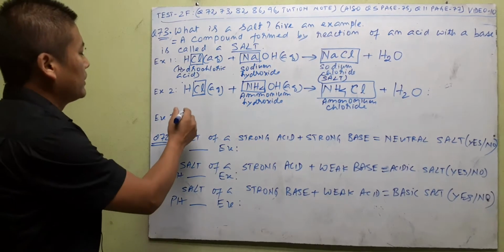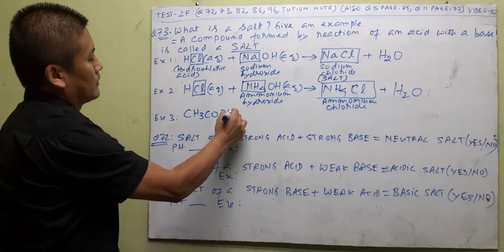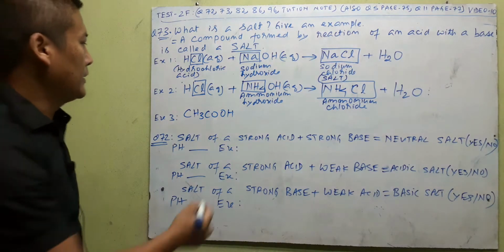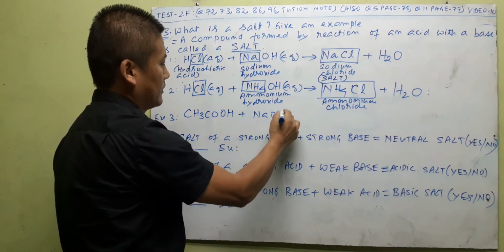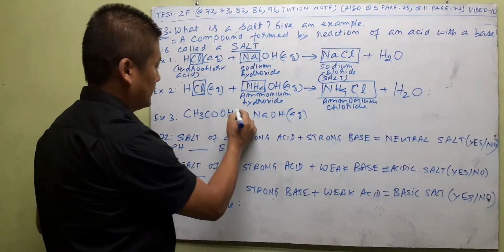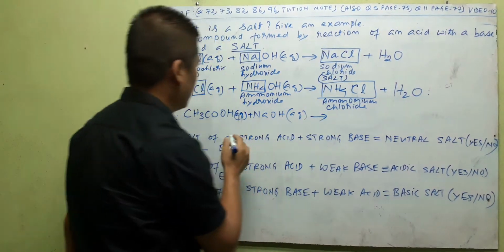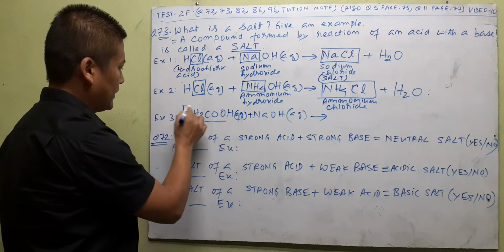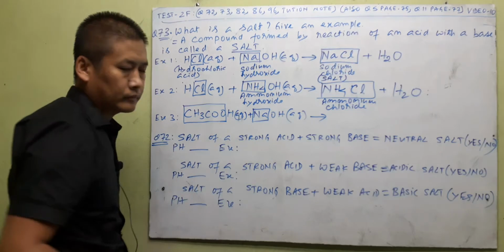Okay, one more example. We can take here acetic acid, CH3COOH, and then you take the same base here, sodium hydroxide, dissolved in water. So here again, box this: the negative one comes from the acid and the positive part comes from the base.